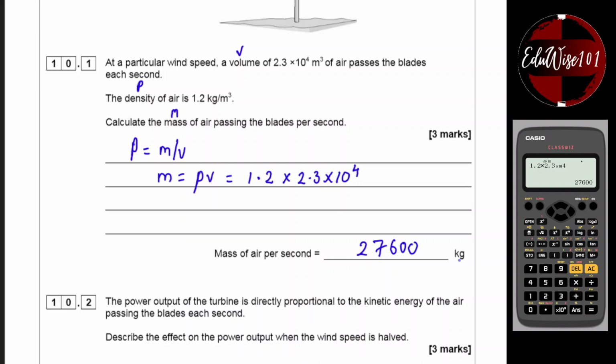You can write it in standard form, 2.76 times 10 to the power 4 kilograms, but you can leave it as it is.